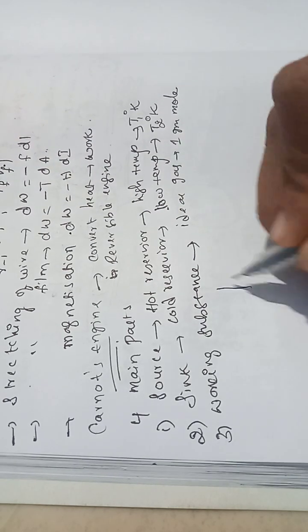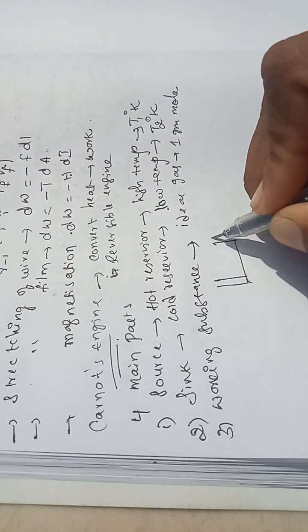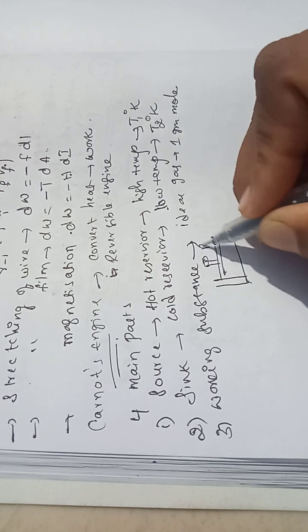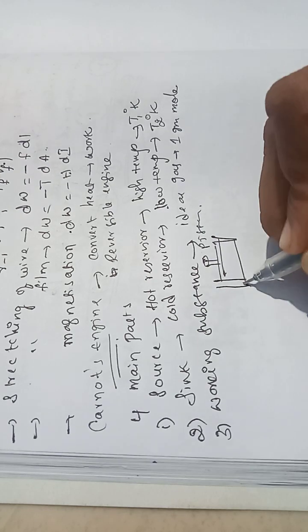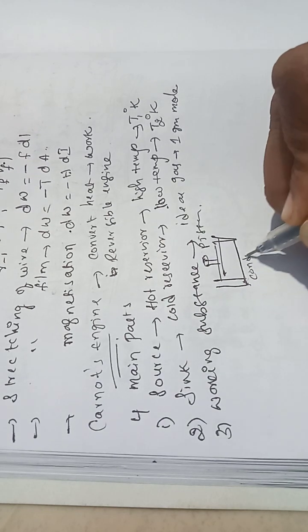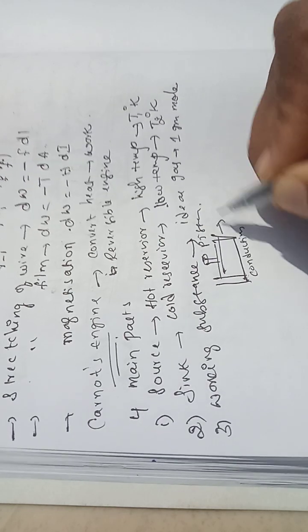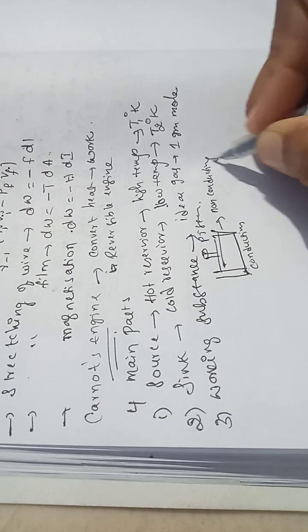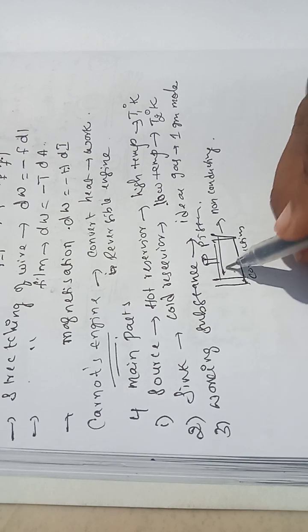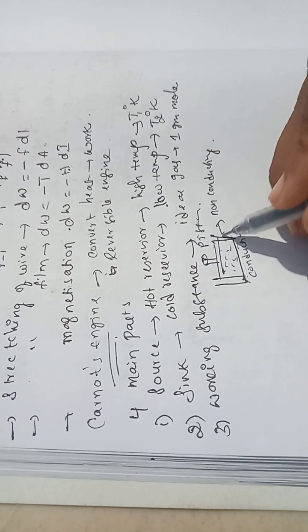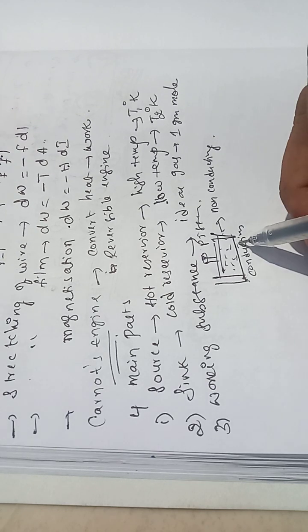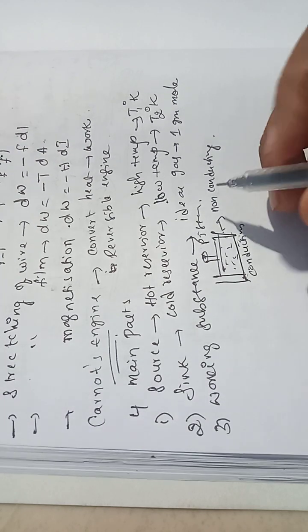This ideal gas is placed in a cylinder which has a piston, the base is perfectly conducting, and the walls are non-conducting. So it is placed in a cylinder consisting of a frictionless piston with a perfectly conducting base and non-conducting walls.